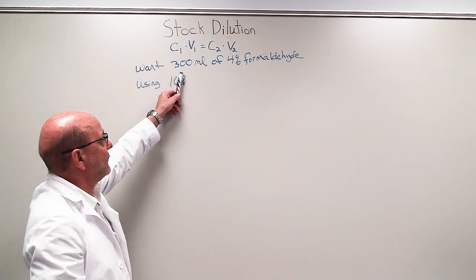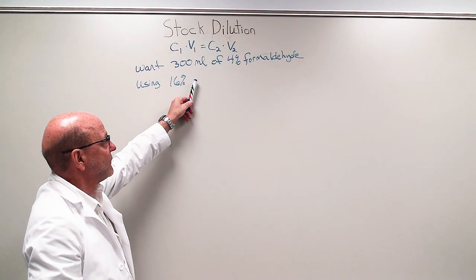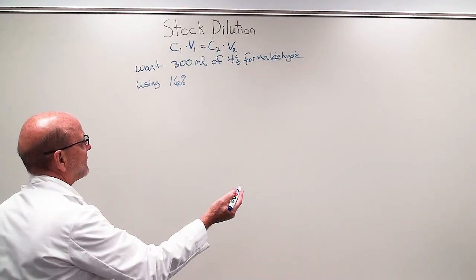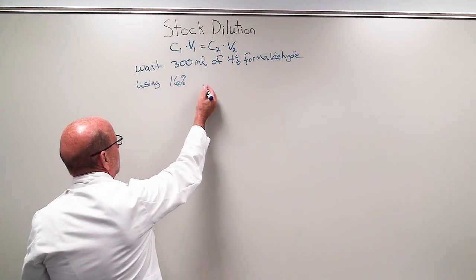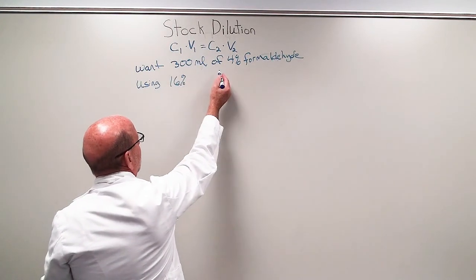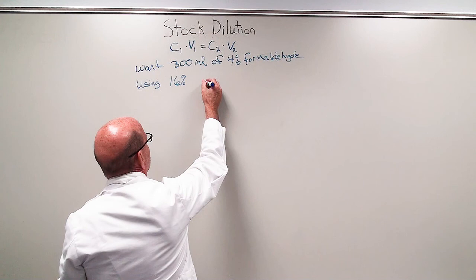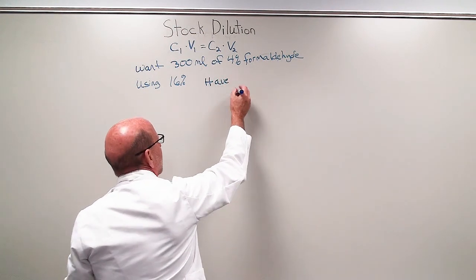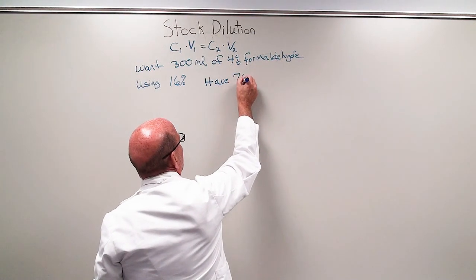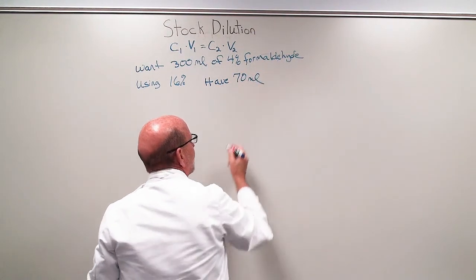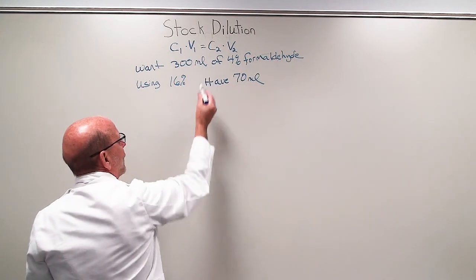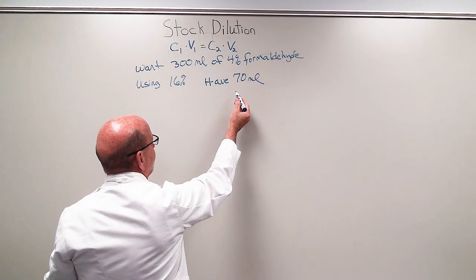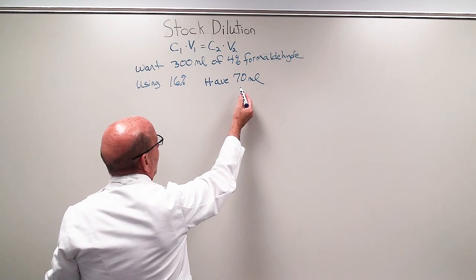Now, just like we had in the last example, somebody forgot to order something, and instead of having 75 mLs, let's say I only have 70 mLs. That seems to be a common number today. So now, with only 70 mLs, I know I can't make up 300 mLs of 4%. So how much can I make up?